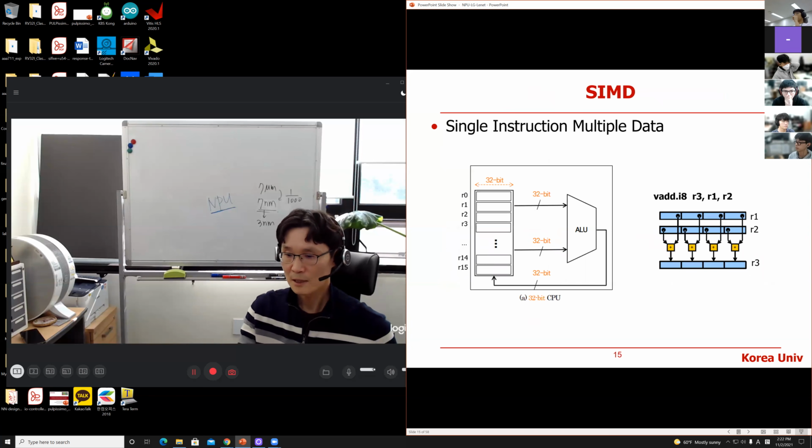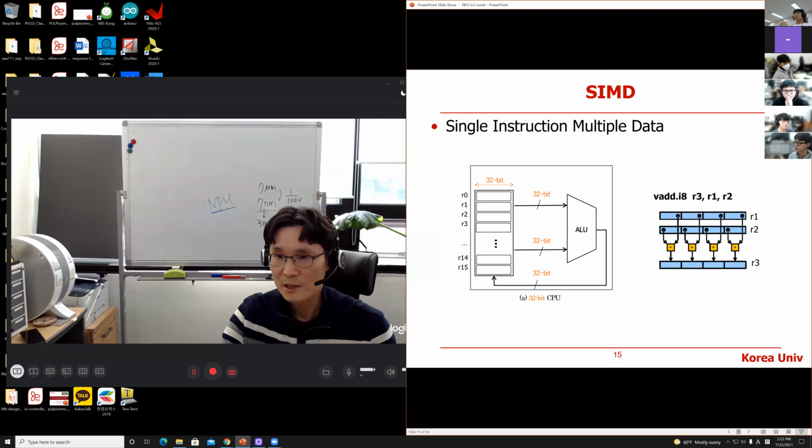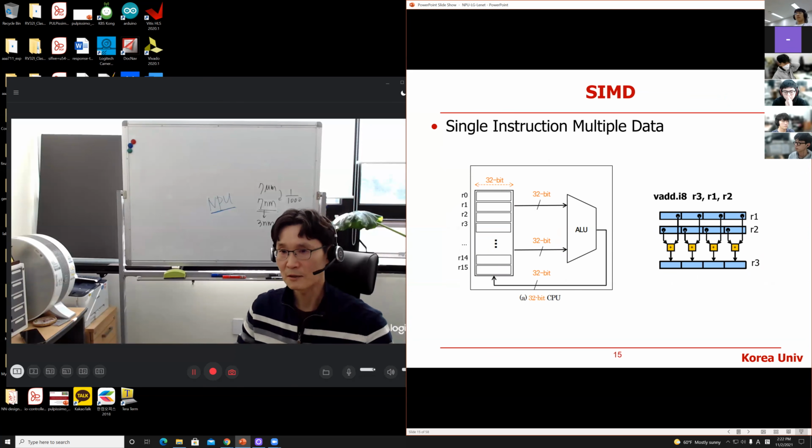Okay, skip this. And SIMD, single instruction, multiple data, right? So this one is an example. I think ARM assembly. Using this instruction, I think V means vector add.